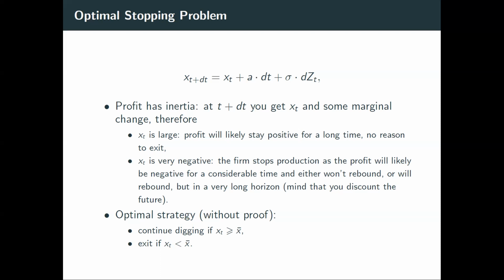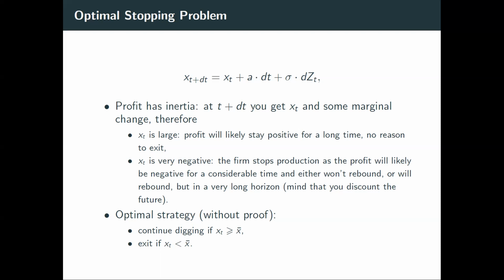And because you discount the future, even arbitrarily large profits in the very distant future won't be able to compensate for current liabilities, current negative profit, right? So here we see that with very large X_t, you continue operation. With very negative X_t, you potentially would decide to shut down the well. And if X_t is arbitrarily negative, then you clearly will want to shut down the well, right?